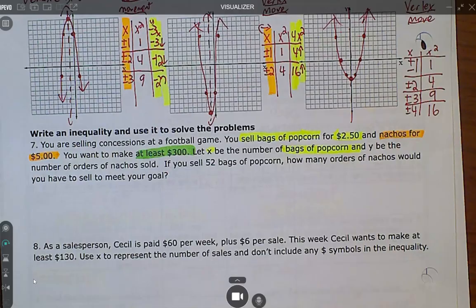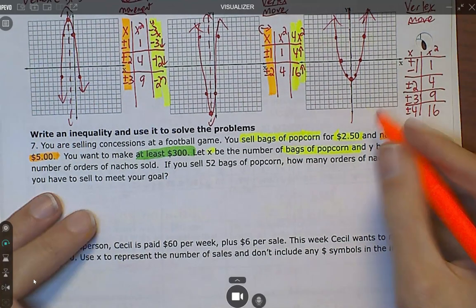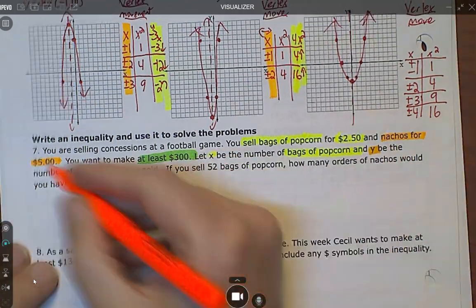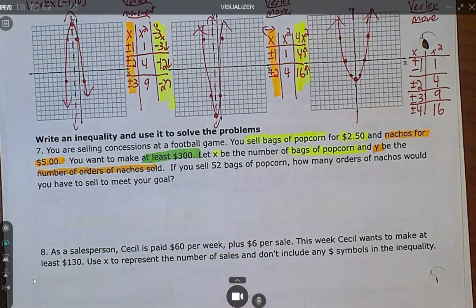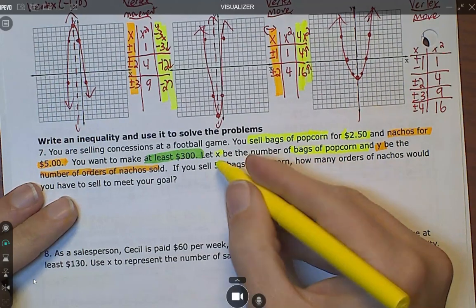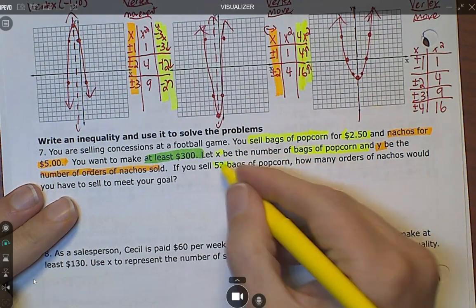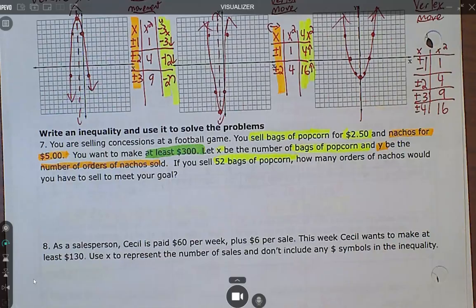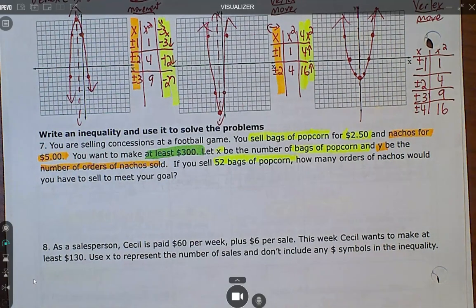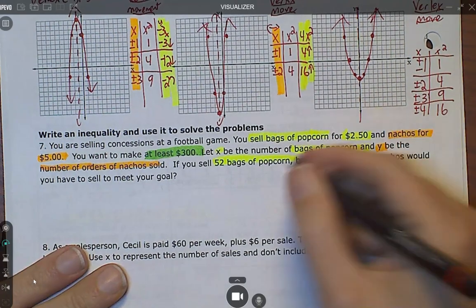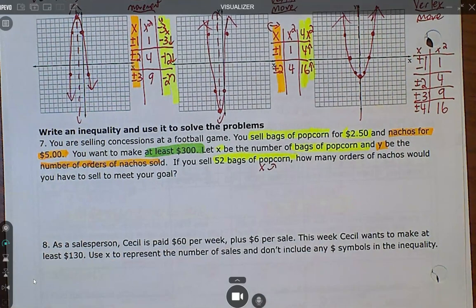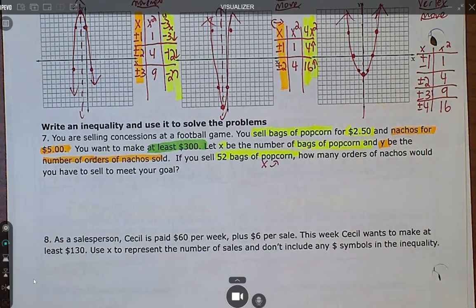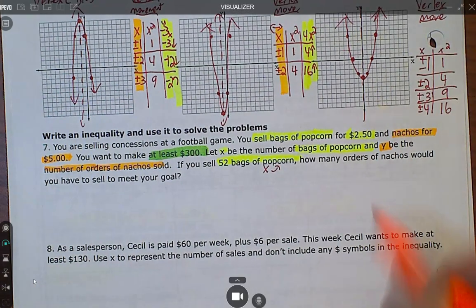So it's telling us what the variable is, and Y is nachos. And it's telling us 52 bags of popcorn. So once we write it, we're trying to find X, or we're trying to find Y. That's X. How many nachos? Orders of nachos.